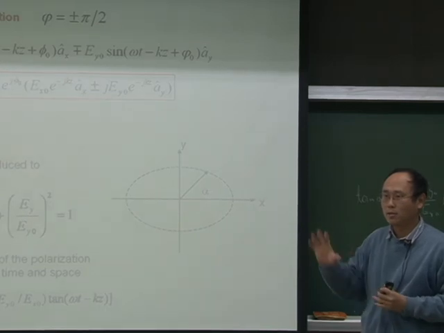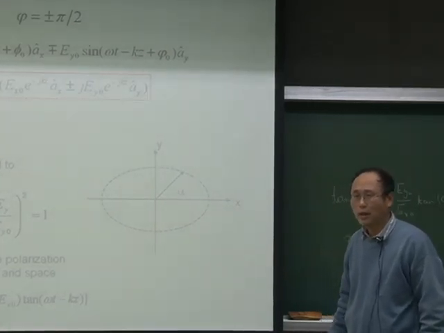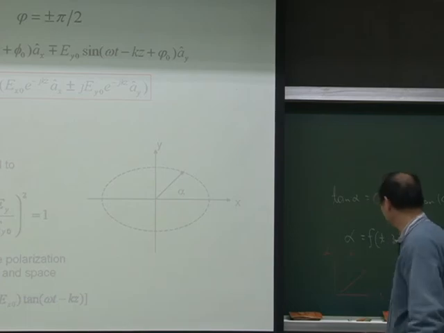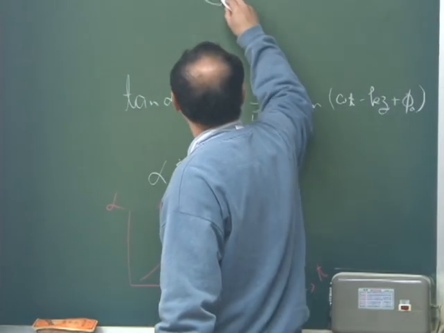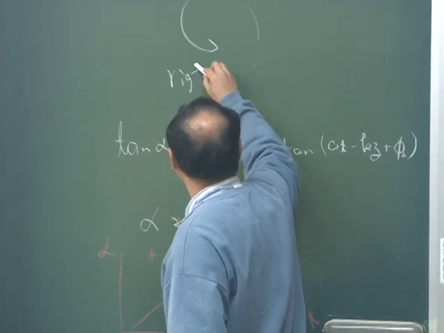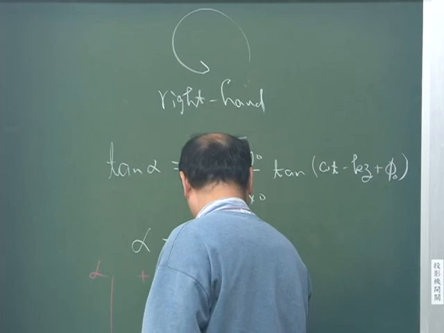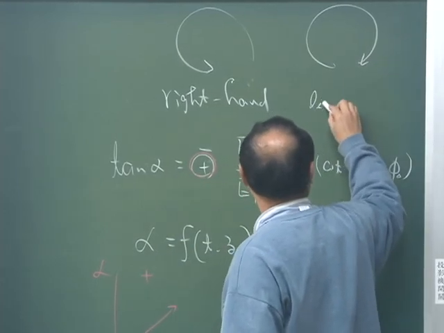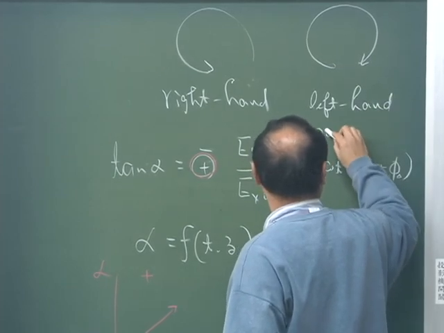Okay, 所以呢是由这个手来决定来描述这个旋转的方向。但是在有些光学的书里头，所以 for this kind of polarization we call right hand polarization, and for this rotation we have left hand polarization.